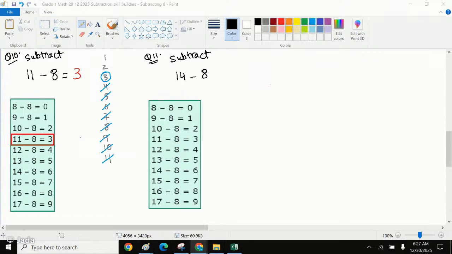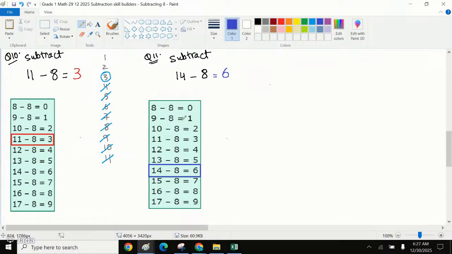Can we find 14 on the grid? Let's try to find 14. Here is 14. 14 minus 8 would be equal to 6. Yes, thank you.